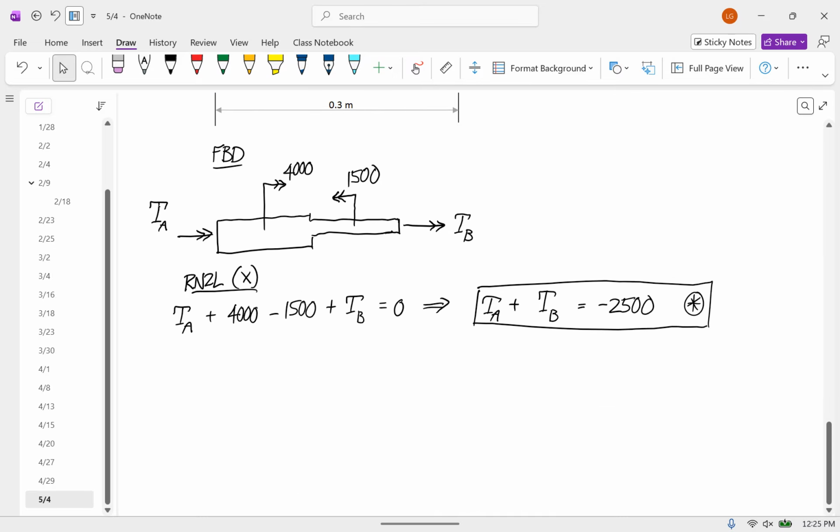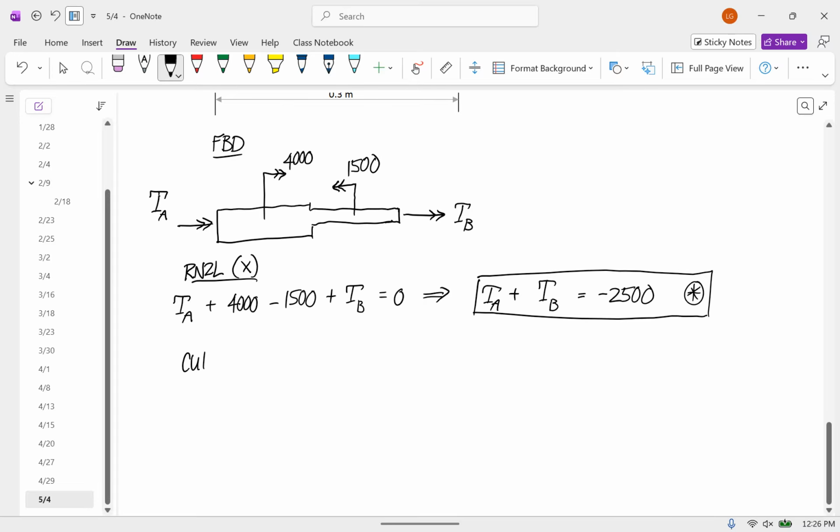All right, so we're done with the statics. So now we're going to go to the cuts. And we need 3 cuts. We need a cut that represents the stuff before the 4,000, a cut that represents all the stuff between the 4,000 and the 1,500, and then a cut that represents all the stuff after the 1,500.